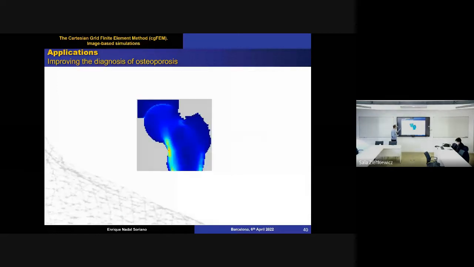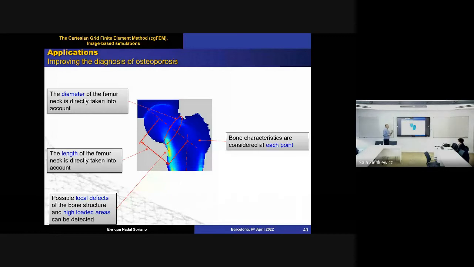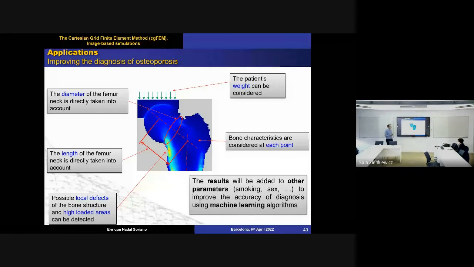The bone characteristics at each point, because we integrate what is happening there. Possible local defects, if there is some part of the bone that has a lack of bone mineral density. The geometry, the length or the neck diameter. Also the weight of the patient. And we can also improve this with artificial intelligence, with some clinical data.